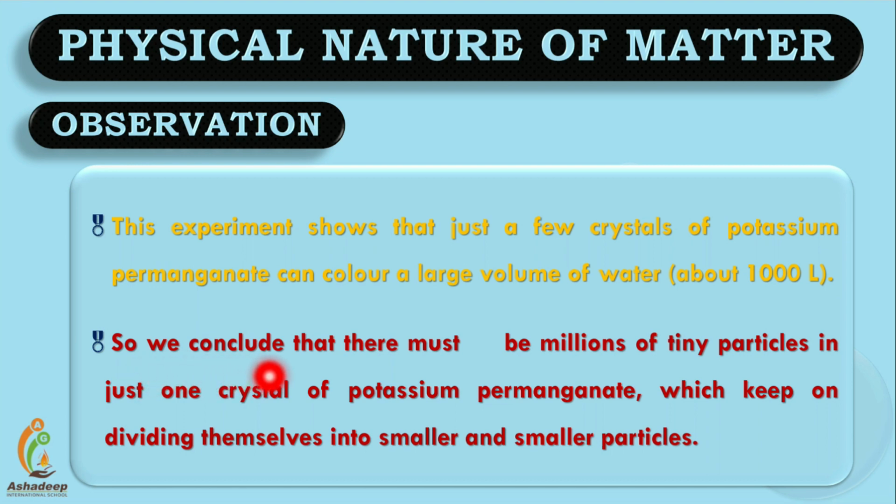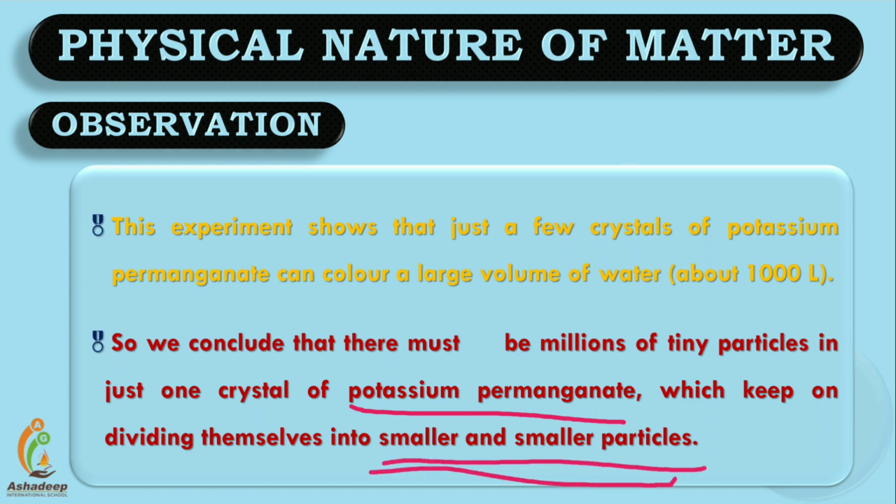So we conclude that there must be millions of tiny particles in just one crystal of potassium permanganate, which keep on dividing themselves into smaller and smaller particles. So even a small crystal of potassium permanganate contains millions of small particles.